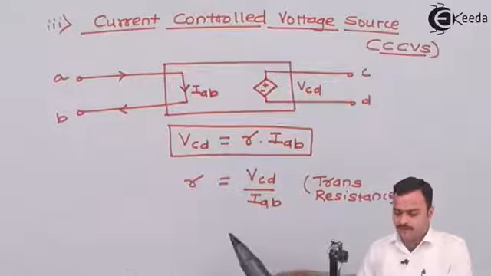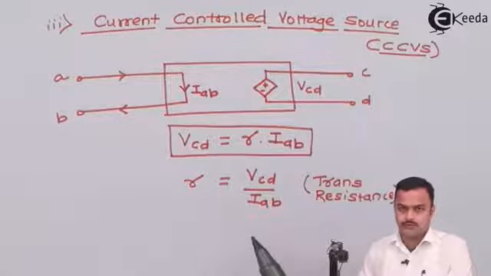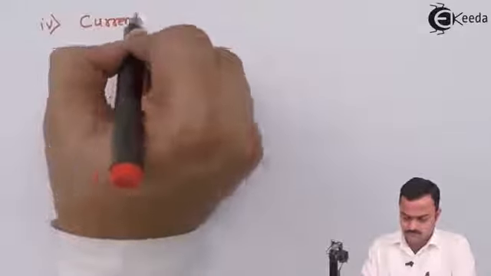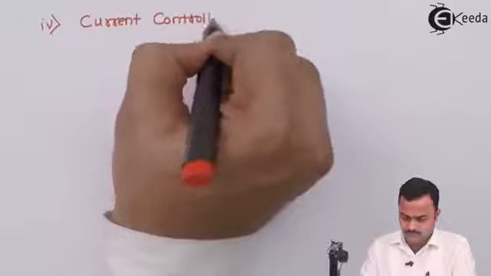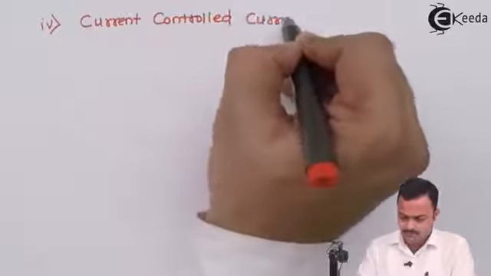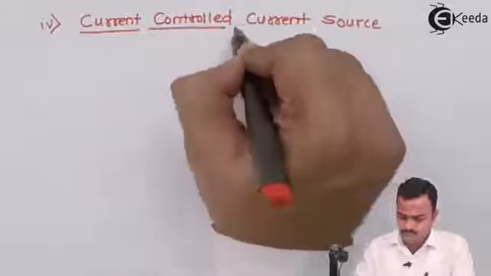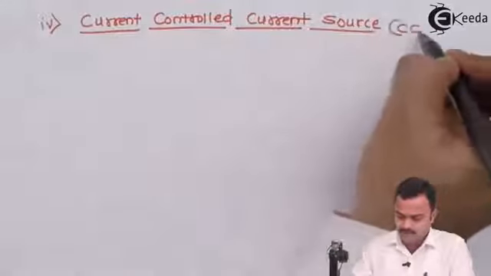And finally, we come to the last classification, that is the current controlled current source, which can be considered as CCCS.